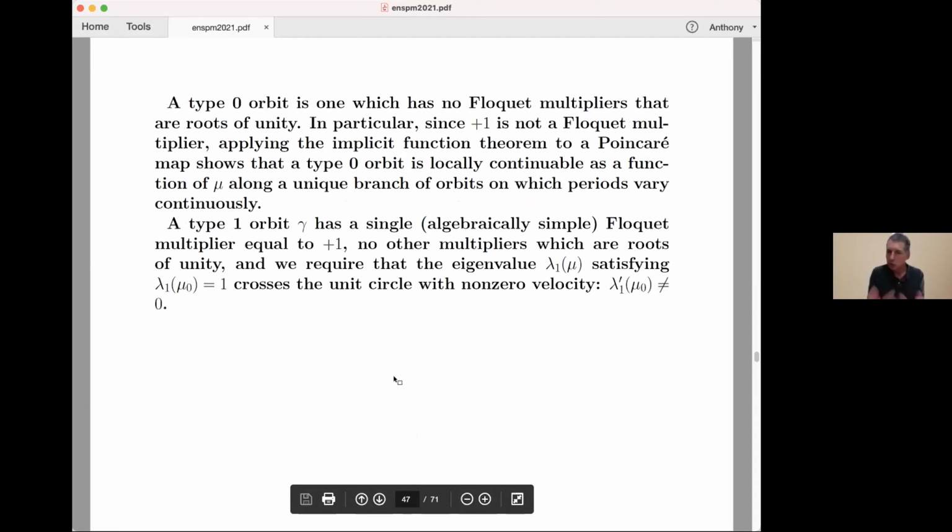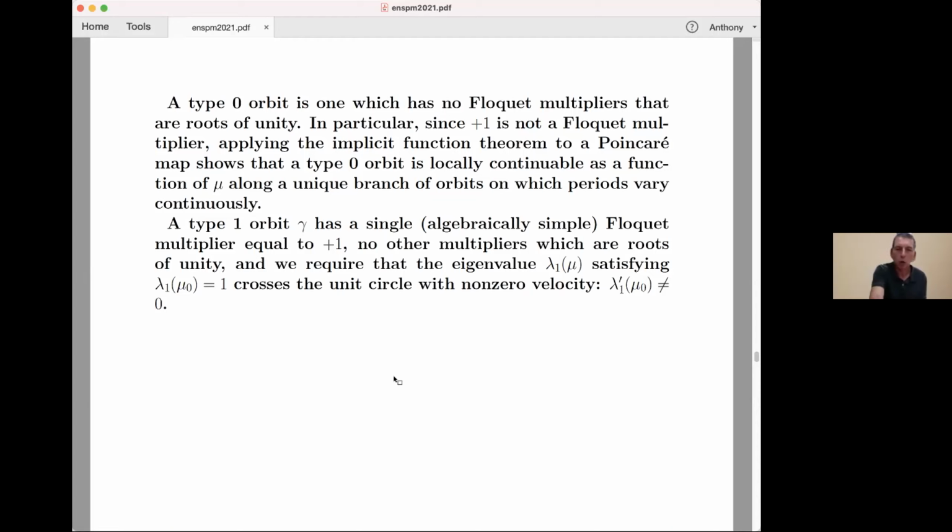The three types of orbits that I've just shown you here: the type 0 orbit is where there are no Floquet multipliers that are roots of unity. It really makes sense, as I mentioned earlier, that these are the easy cases where all the multipliers are either inside or outside the unit circle. As soon as you have multipliers on the unit circle, which is sort of like for a regular dynamical system having eigenvalues that are 0, things are more complicated.